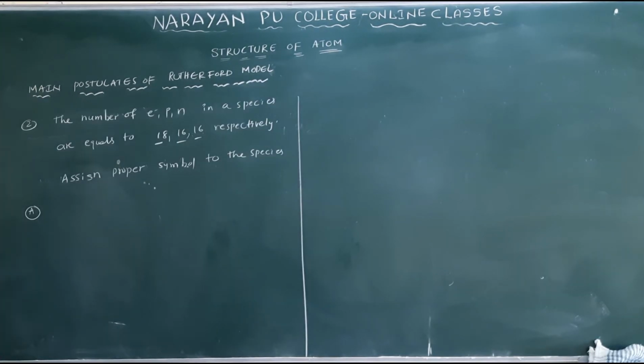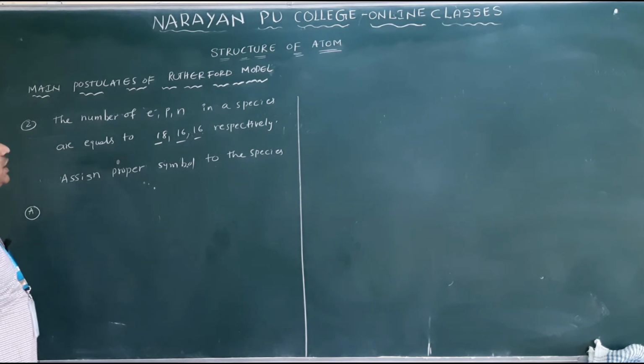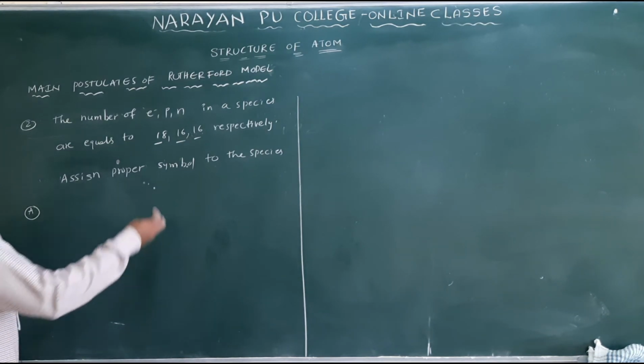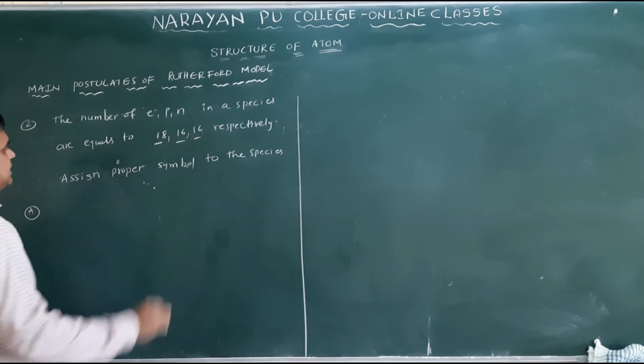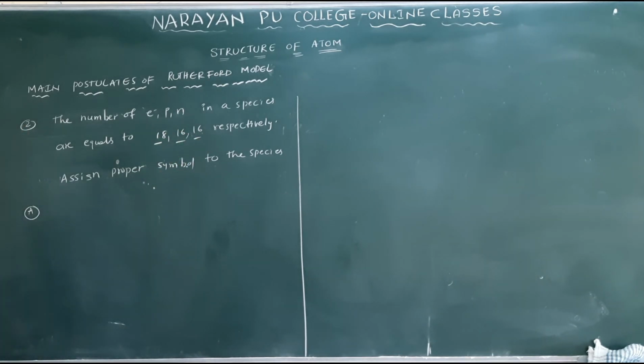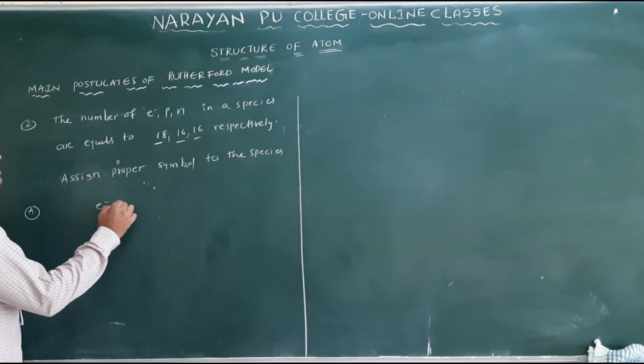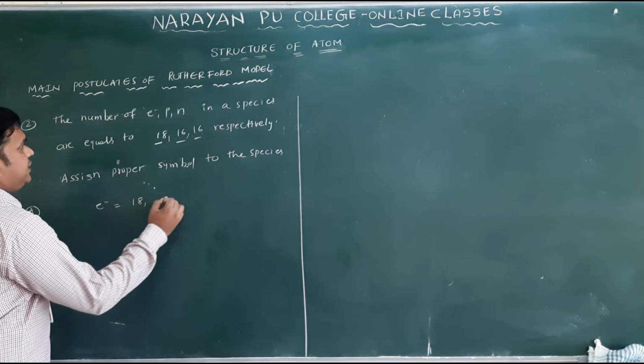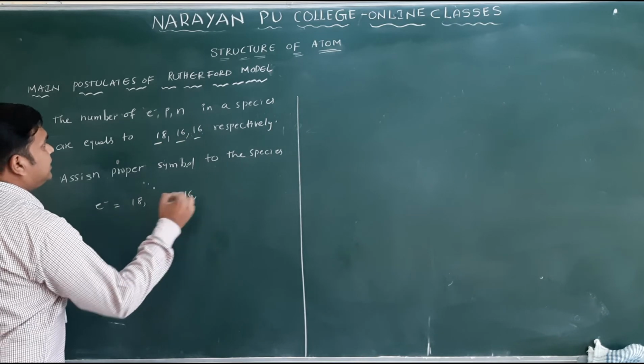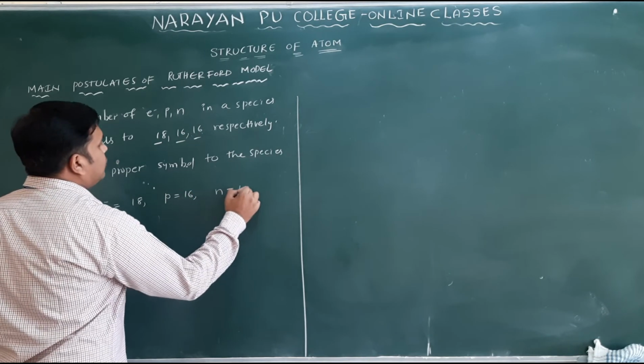See this question we have: the number of electrons, protons and neutrons in a species are equal to 18, 16 and 16 respectively. Assign a proper symbol for this species. Information given: electrons is equal to 18, protons is equal to 16, neutrons is equal to 16.